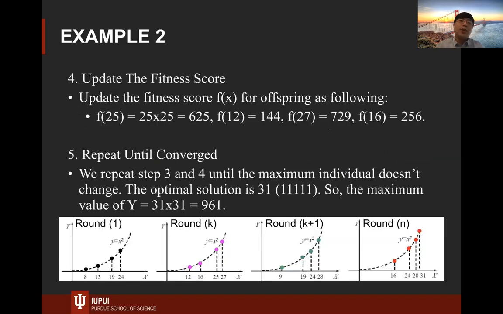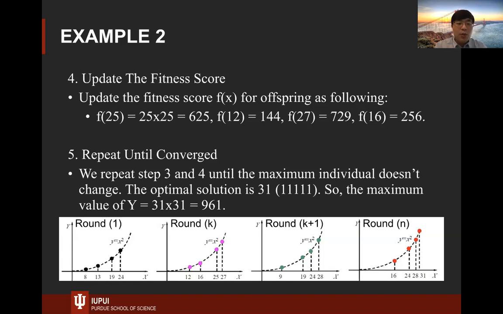Next, after these 3 operations, we will update the fitness score. Let's say we just use f(x) equal to x squared. We use this formula to recompute the fitness score, so we can get these 4 numbers.